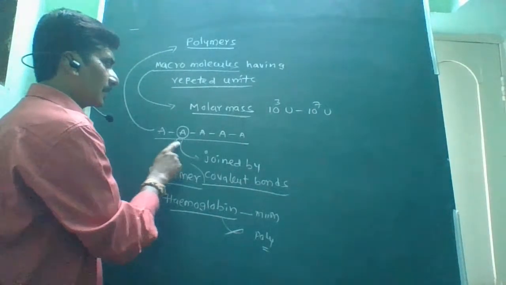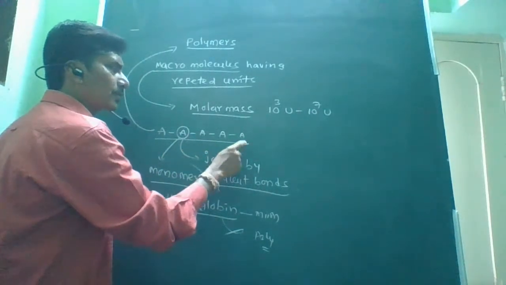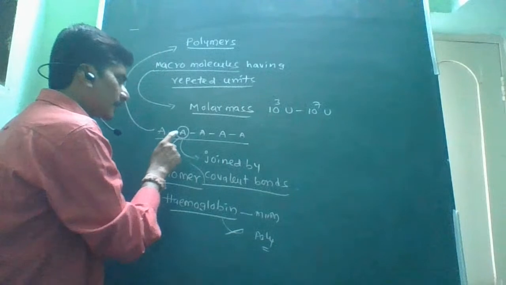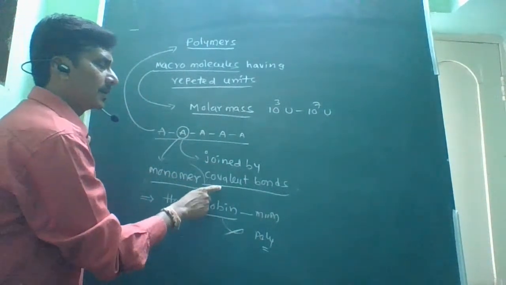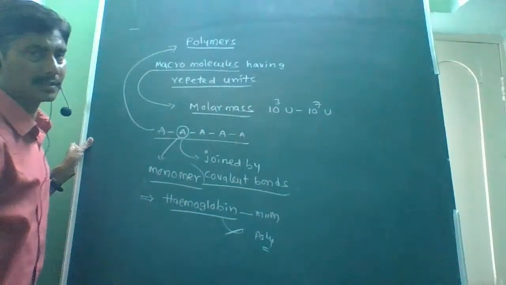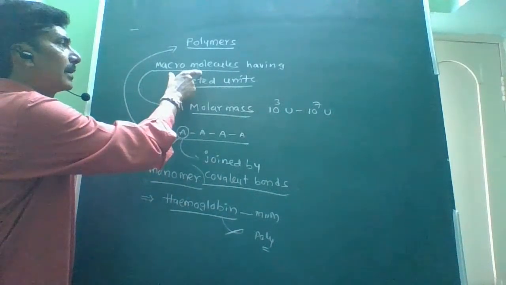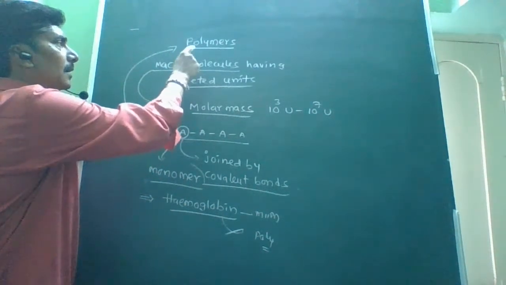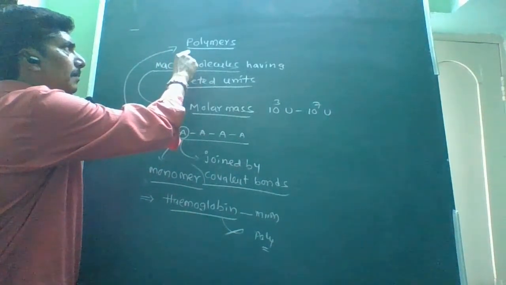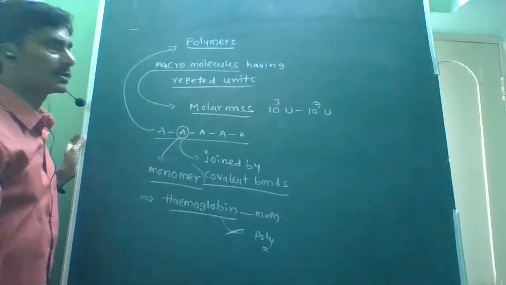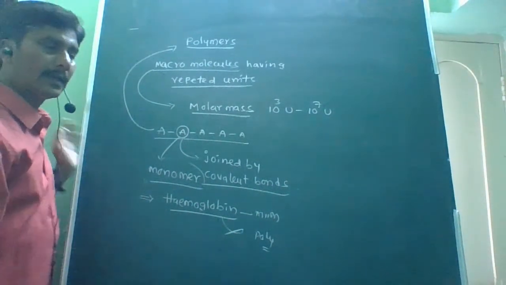If representing with A atoms, that is the simplest single molecule which is joining, this A molecule is called the monomer, which is joined by strong covalent bonds. All polymers are macromolecules, but all macromolecules are not polymers.